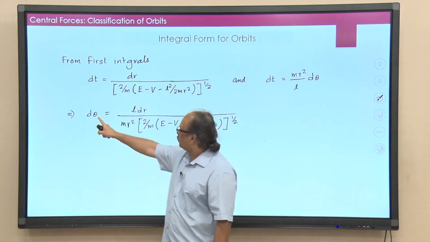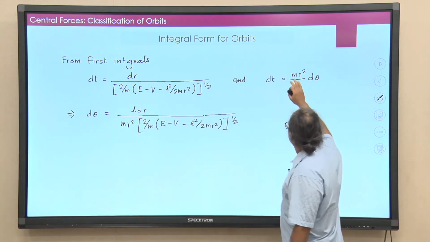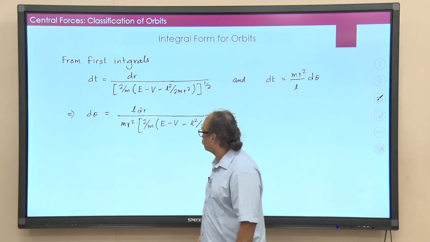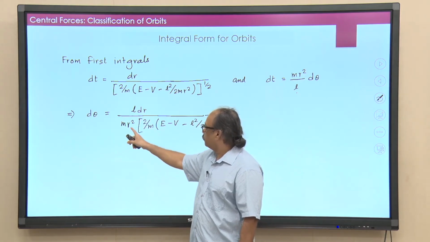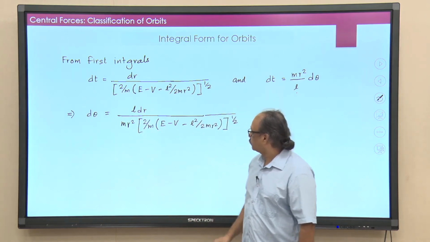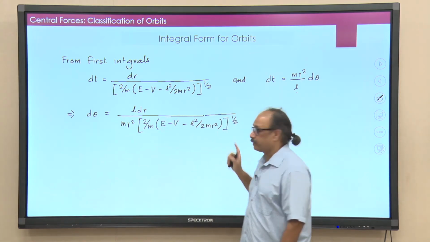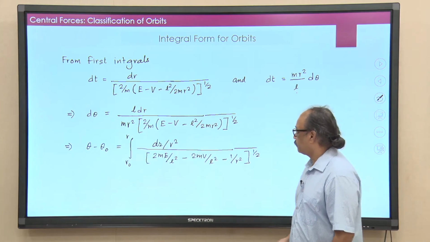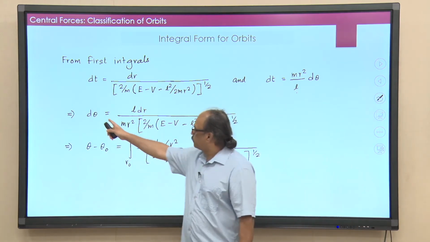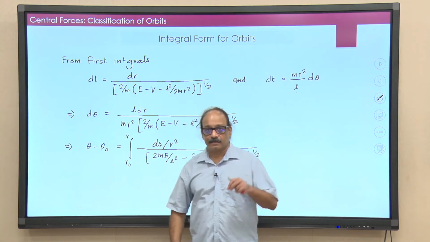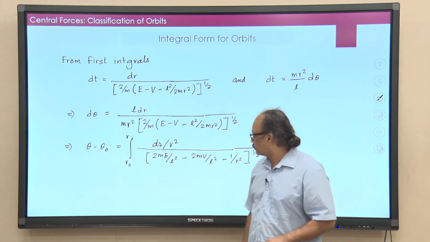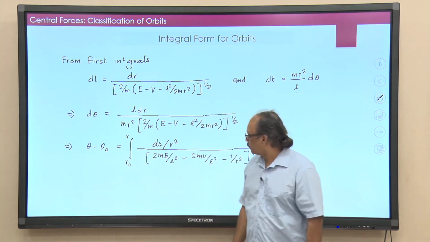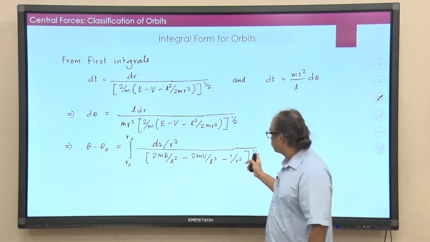So, now you have d theta, and I will take all this multiplying factor to the other side of the equation, and it would be L over m r square dr divided by all this bracket there. Integrate both sides. If I integrate both sides, this side the integration is simple, that would be theta minus some constant theta naught, which corresponds to the initial condition r naught theta naught, and then you have this integral here.